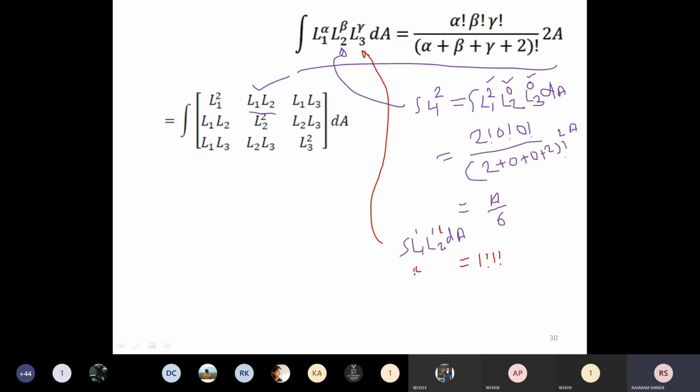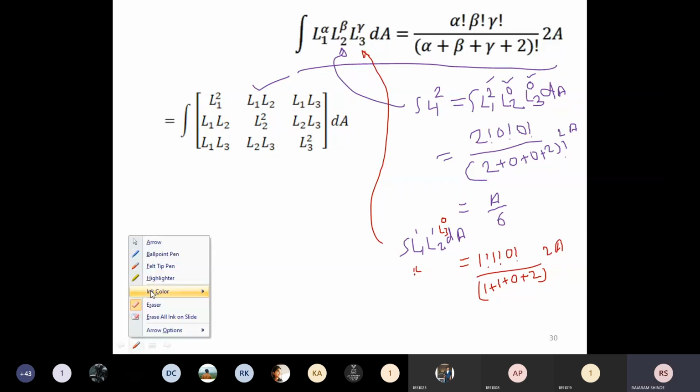So 1 factorial, 1 factorial, and 0 factorial, divided by (1 plus 1 plus 0 plus 2) factorial, which is 24 over 2A, gives A by 12. Okay, this is A by 12.